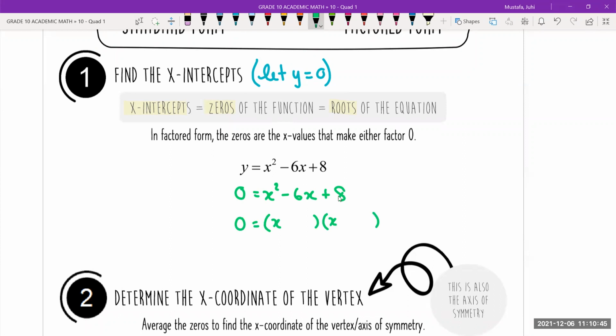Two numbers that multiply to give you 8 are, if I write it on the side, 1 and 8, and 2 and 4. Which pair of these numbers gives -6? It's going to be 2 and 4, because we can make it (x minus 2)(x minus 4). It's just a simple trinomial. You should review how to factor for these questions, because you are going to need to know that.